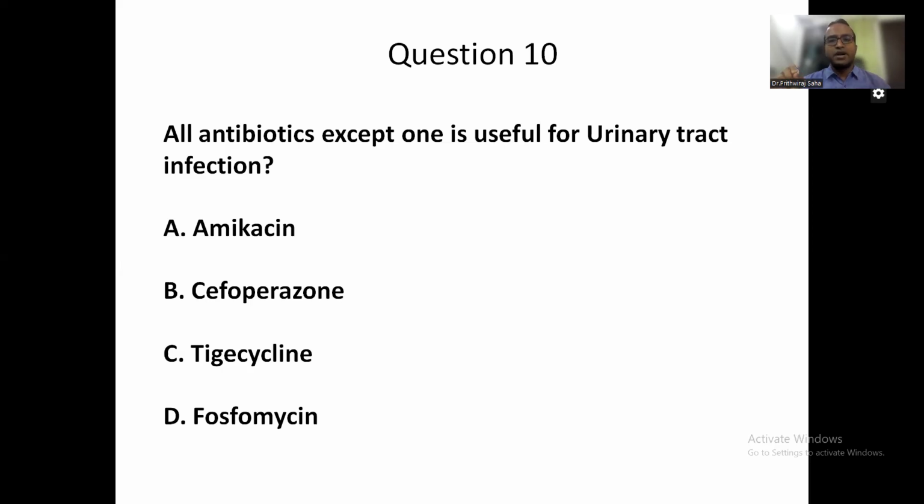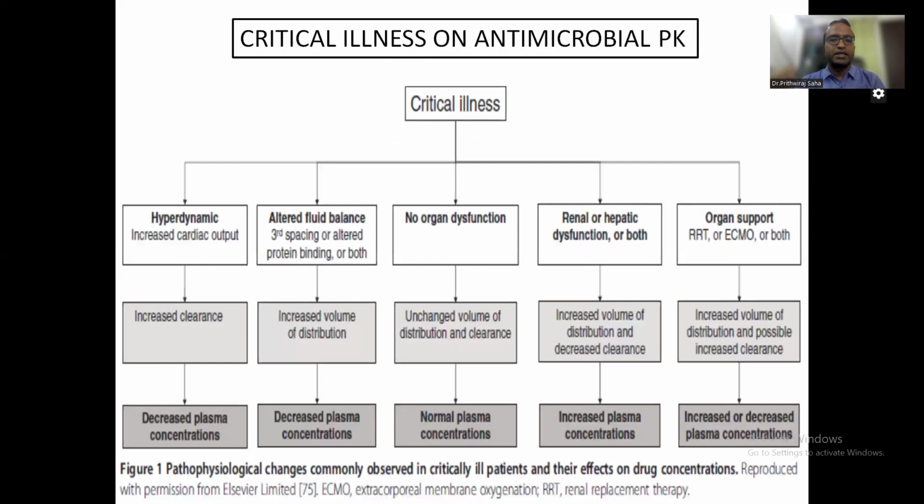But if somebody is using that, the reason for stopping is very clear, and for this only we are interested in this type of academics or lectures. So the answer is tigecycline, big no for urine and bloodstream infection, tetracycline. Please stop tetracycline for urine and bloodstream infection.